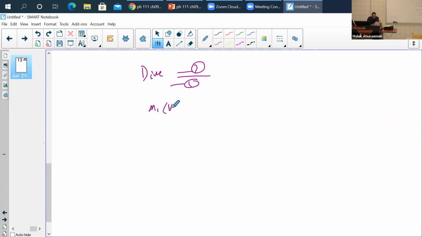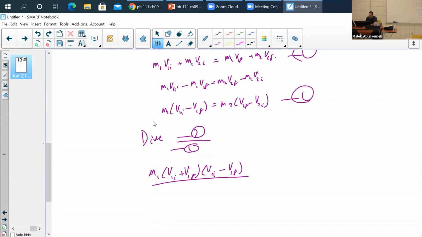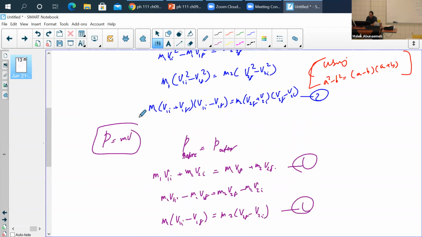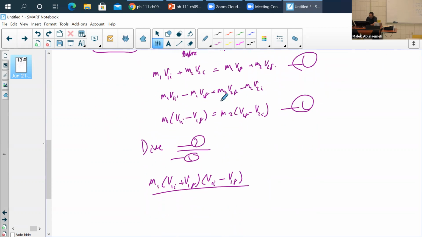You're going to have m1 (v1 initial plus v1 final) times (v1 initial minus v1 final), divided by, what's that going to equal to? m2 (v2 final plus v2 initial) times (v2 final minus v2 initial), divided by m2 (v2 final minus v2 initial).